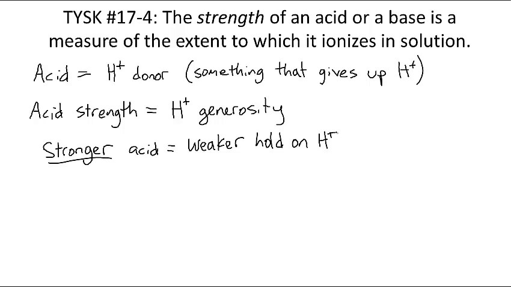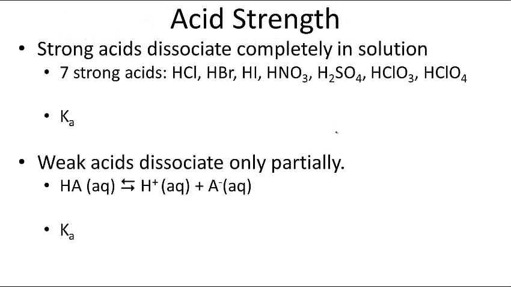So we started way back at the beginning of the year. We talked about, not the beginning of the year, but a couple months ago, we talked about these strong acids. Just to make your life easier, I'm going to change it to 5 that we're really concerned about. We don't really care about chloric and perchloric acid.